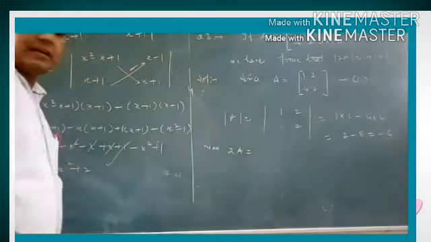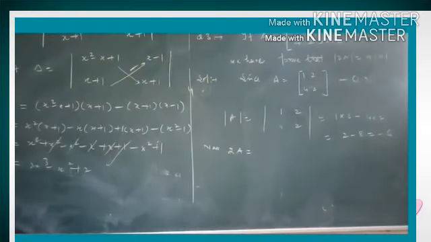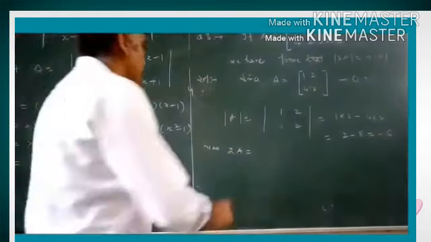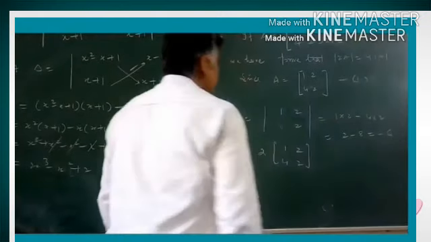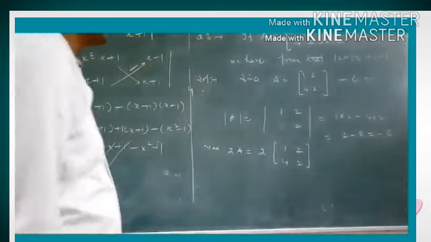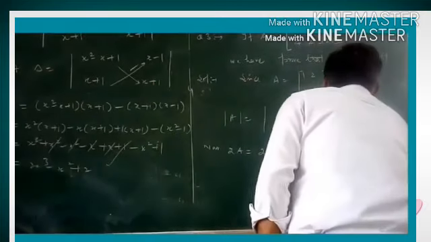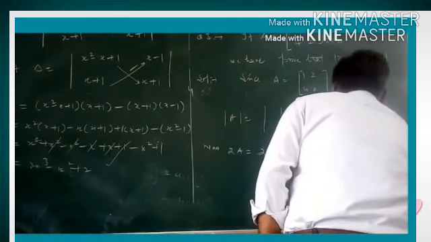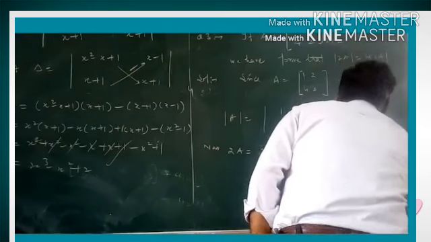We have to multiply matrix A by the scalar 2. Therefore, each element of matrix A is multiplied by 2. We have |2 4; 8 4|.